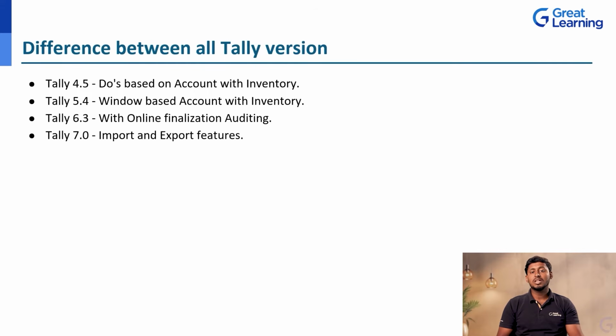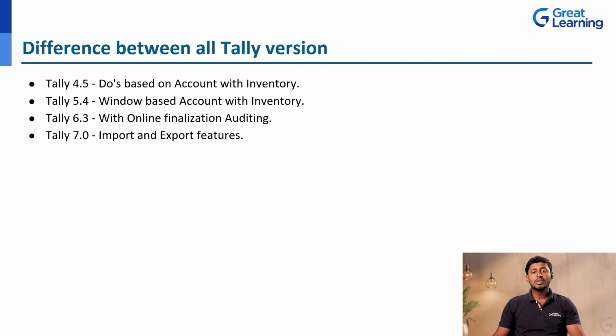Earlier we had only sales tax, value added tax and excise duty, but after that they implemented GST in 2017, correct? After 2017, they needed to make changes in the software also. Whatever advanced features or technology changes, they need to reflect in their software.